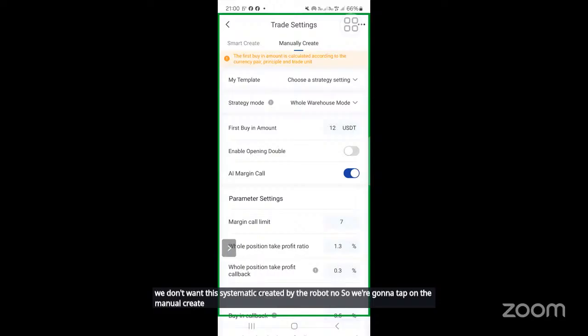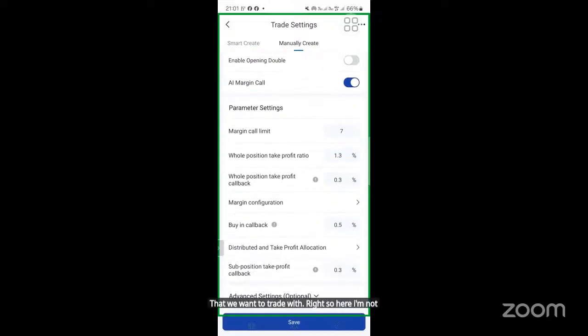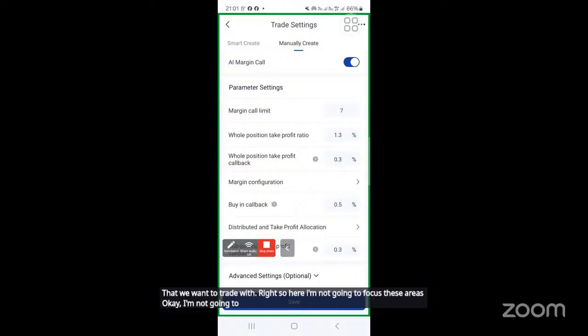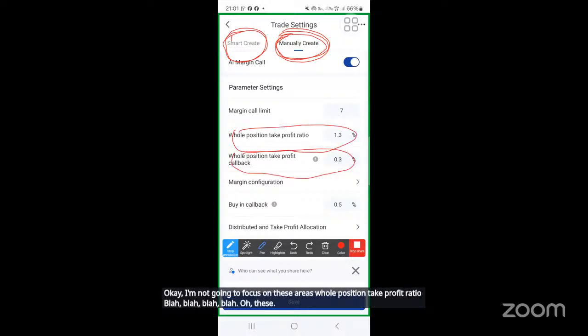So we are here on manual create. We want to create our own settings that should fit our capital that we want to trade with, right? So here I'm not gonna focus on these areas of whole position, take profit ratio, and so on. All these, I'm not gonna focus on.